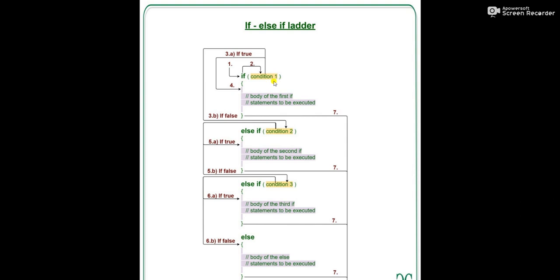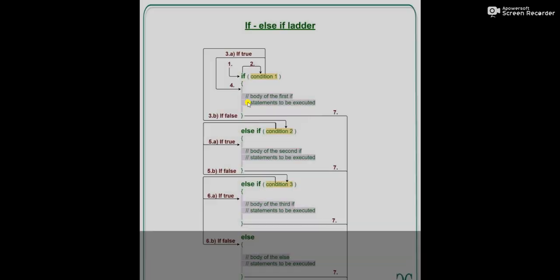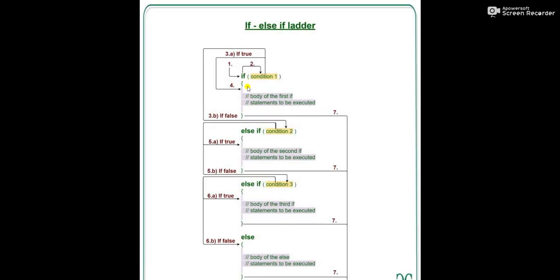Suppose condition 1 is false, then it comes out, bypasses the condition 1 block of statements, and starts to check condition 2 along with the keywords else and if. If this condition is true, then its corresponding block of statements will be executed, then the rest of all statements will be bypassed.